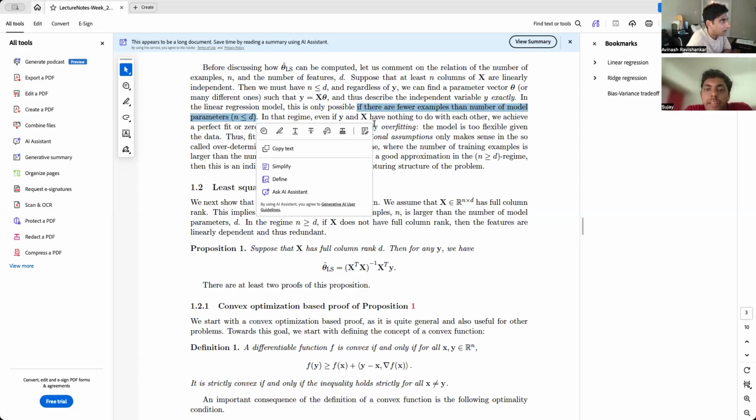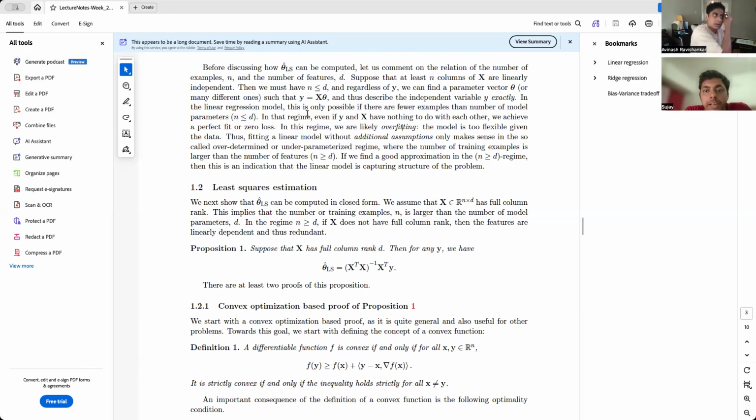There are ways to make this work, by adding penalty terms and so on. But the core linear regression model has this problem: if you have more regressors than data points, then typically you will be overfitting. Overfit. In the real world, is the solution to get more data points or to reduce the number of regressors?